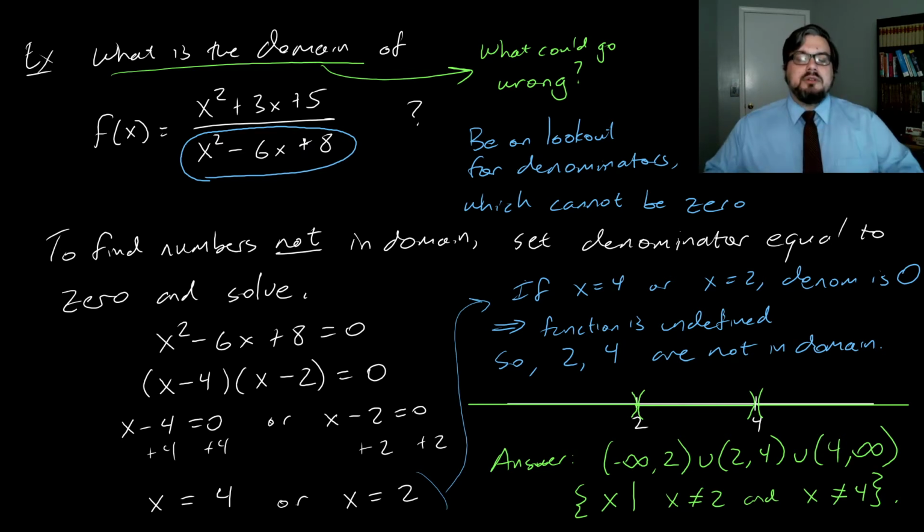The other type of function that we need to worry about when looking at the domain of a function are square roots, or more generally, any even root, so square root, fourth root, sixth root, etc. So for that, let's recall the following.